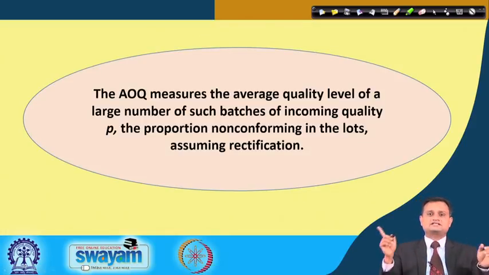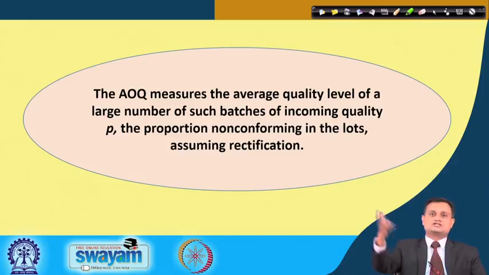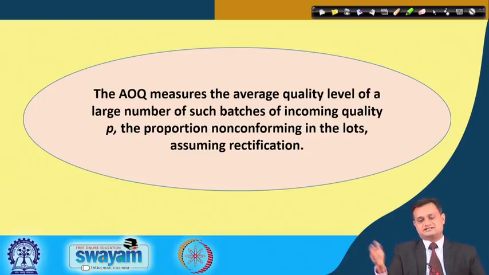It incorporates, to remind you, the concept of rectification. So AOQ measures the average quality level of a large number of such batches, not one batch, a large series of batches or sub-batches of incoming quality with P, proportion non-conforming in the lots, assuming rectification.